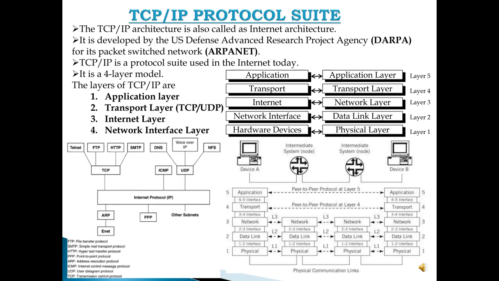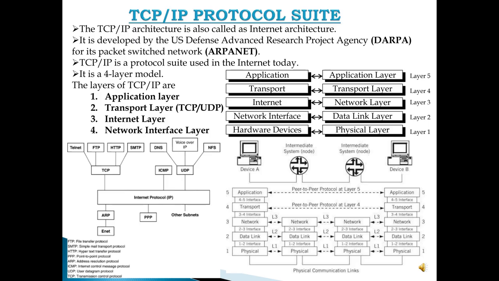Once those hardware devices get connected with each other, that creates the network. And through that network, there is a specific interface which is connected to the internet. So our basic formation of the TCP/IP protocol suite is application, transport, internet, and network interface.